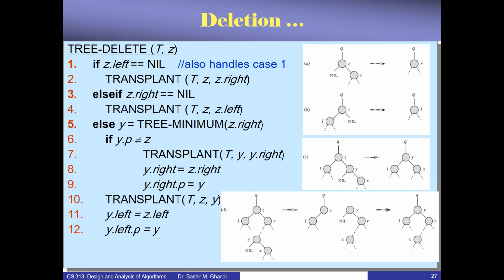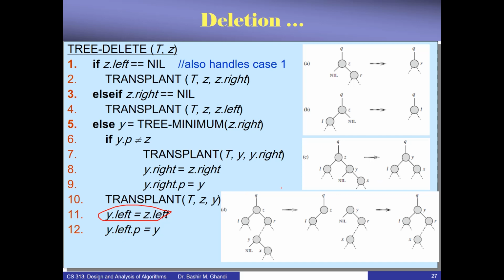So here it says replace Z with Y. Y will come and replace the Z. Now make Y dot left, which is currently nil, point to Z dot left. So Y will have L as its left child.